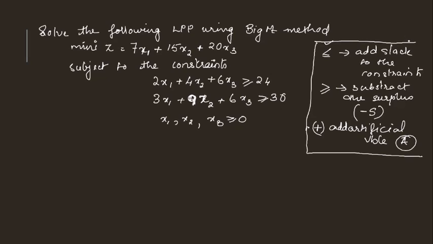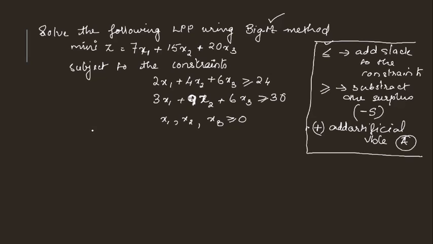Now, when it comes to the big M method, what is this M? What do you have to do with this M? We will see about that in the coming steps. So let's start the problem. The first step is again to modify your constraints.